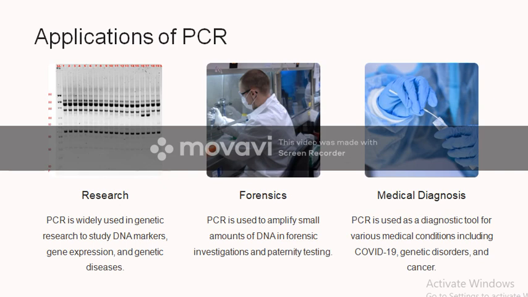So at the end of the day, you have multiple copies of it for carrying out any amount of experiments using the same samples. And then medical diagnosis: we use the PCR for testing of viral and bacterial infection also. Usually RT-PCR is used for viruses if the virus contains RNA as its genetic material.